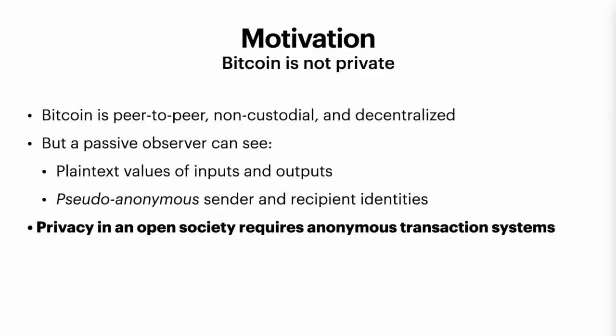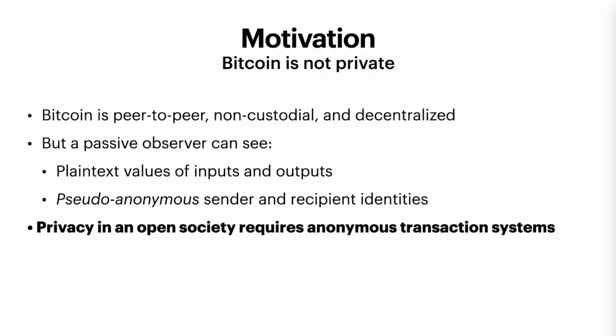Now, while Bitcoin is pseudo-anonymous, in practice, firms like Chainalysis and others make a business out of de-anonymizing Bitcoin users. There's a multi-million-dollar business working for the US government to identify users of interest. They are using the fact that a passive observer looking at the Bitcoin blockchain can see the plain text values of inputs and outputs on the chain, and we'll talk about what those are in a second, as well as pseudo-anonymous sender and recipient identities, concretely the hash of each of their ECDSA public keys.